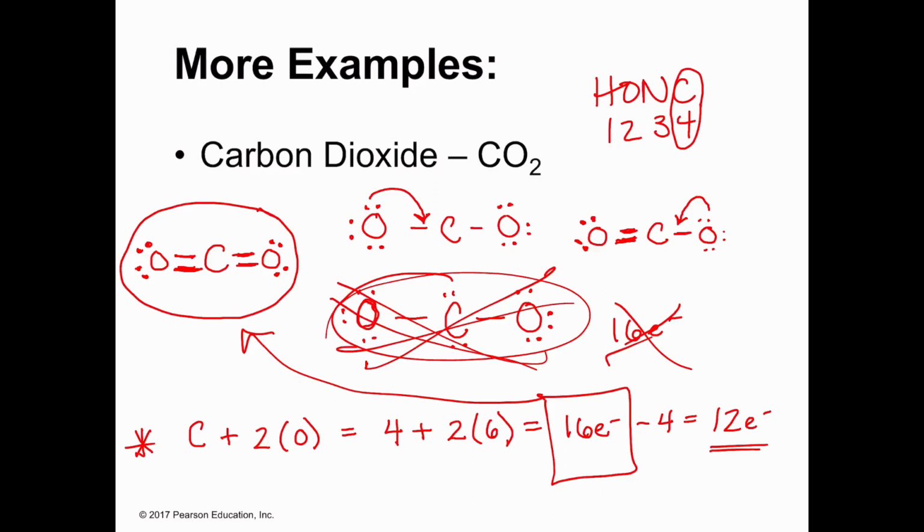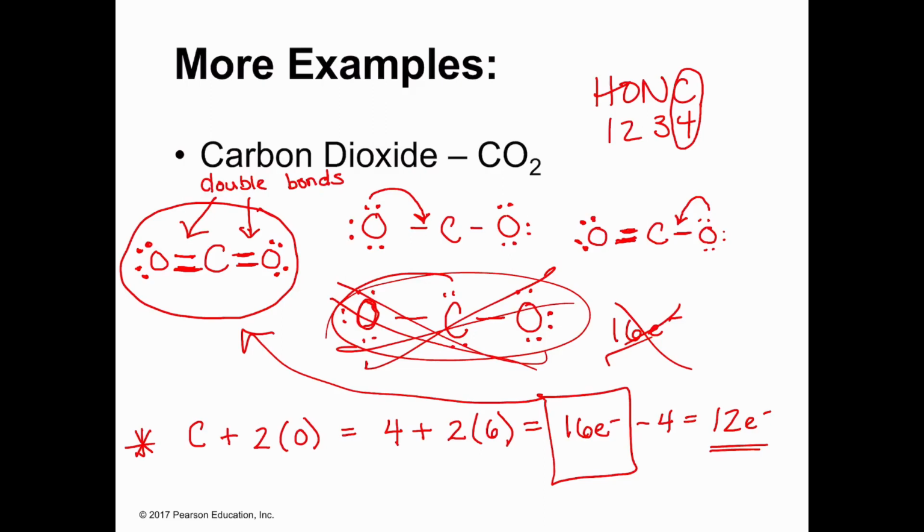So these sets of double lines here, those are called double bonds. And in those double bonds, there are 4 electrons total being shared, 2 electrons in each bond.